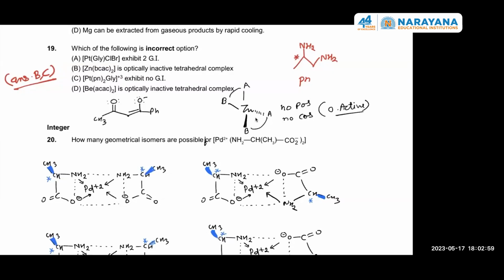Okay. Even ACAC is unsymmetrical, but it will have a plane of symmetry. ACAC means acetoacetate, and it will have a plane of symmetry. In the case of beryllium, it is given that BCACAC is optically inactive. So beryllium +2 is here, and we have AA and AA like this.